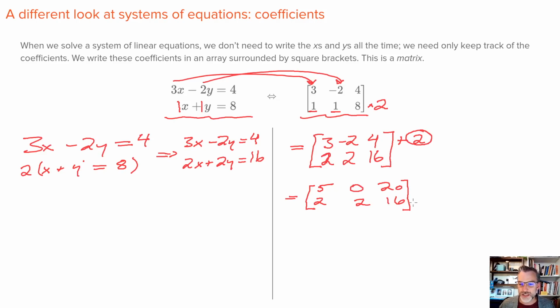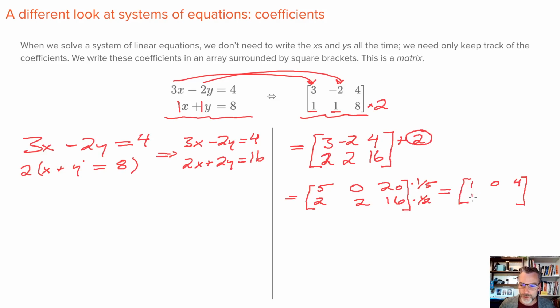But now I'm going to take it a little bit further here. I'm going to divide the second row by 2, or multiply it by 1/2. And I'll also divide the first row by 5, or multiply it by 1/5. Then I have 1, 0, 4.